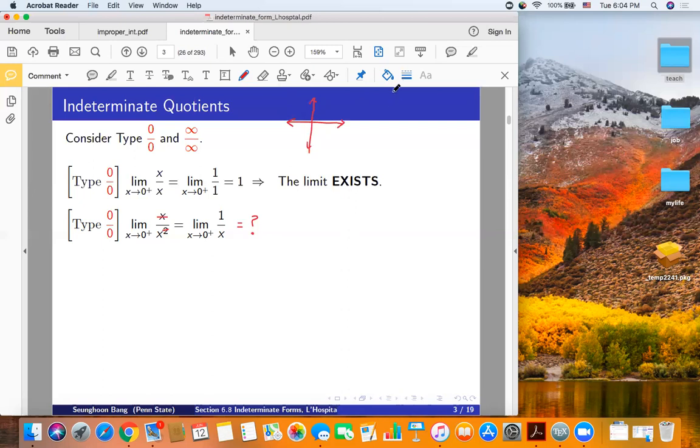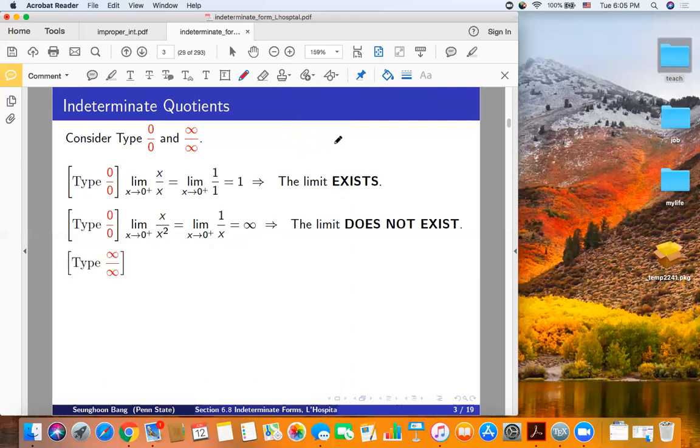The graph of f of x equals 1 over x is like this. As x approaches 0 from the right, what happens? 1 over x is going to positive infinity. So we have it. The limit does not exist.